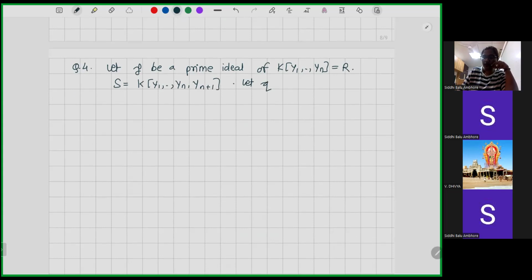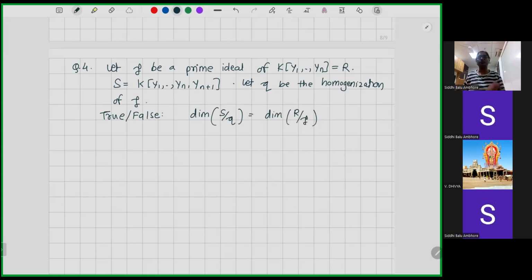Let Q be the homogenization of P. Then we have to check whether this is true or false: that the dimension of S mod Q is equal to the dimension of R mod P. Any guesses here?